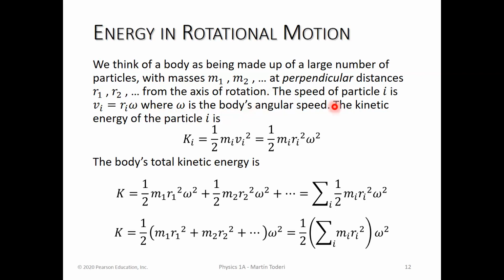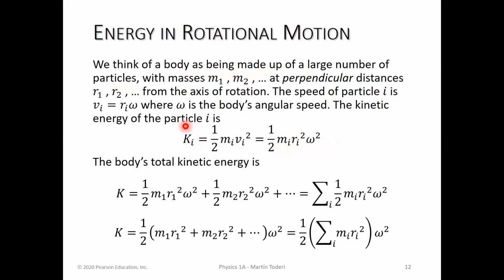So if we want to write the kinetic energy of the particle i, let's say just one particle, then we can write the kinetic energy equal to 1/2 of the mass multiplied by the speed of the particle squared. And if we just substitute v for the expression that we just came up with in terms of omega, then we would have 1/2 of m r squared omega squared, right?